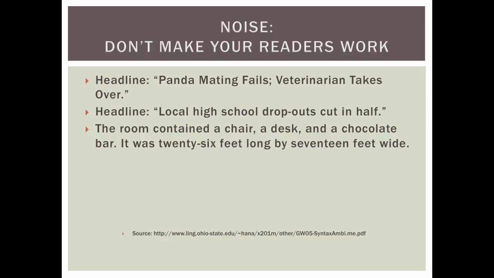So we will talk about why ambiguity comes in, about how to locate modifying information, right? Riveting stuff. I'm being a little bit sarcastic, but it's important. Misplaced modifying information can be confusing, right? The room contained a chair, a desk, and a chocolate bar. It was 26 feet long by 17 feet wide.